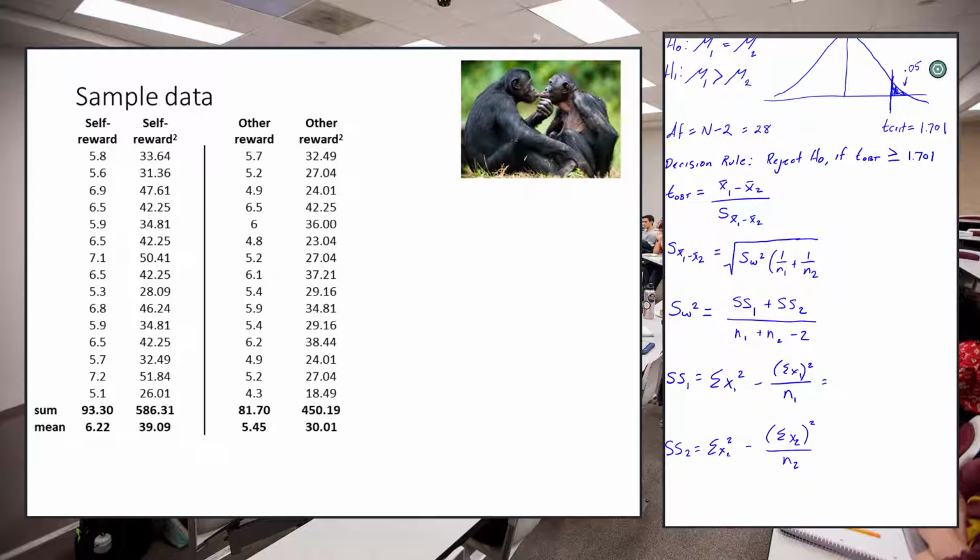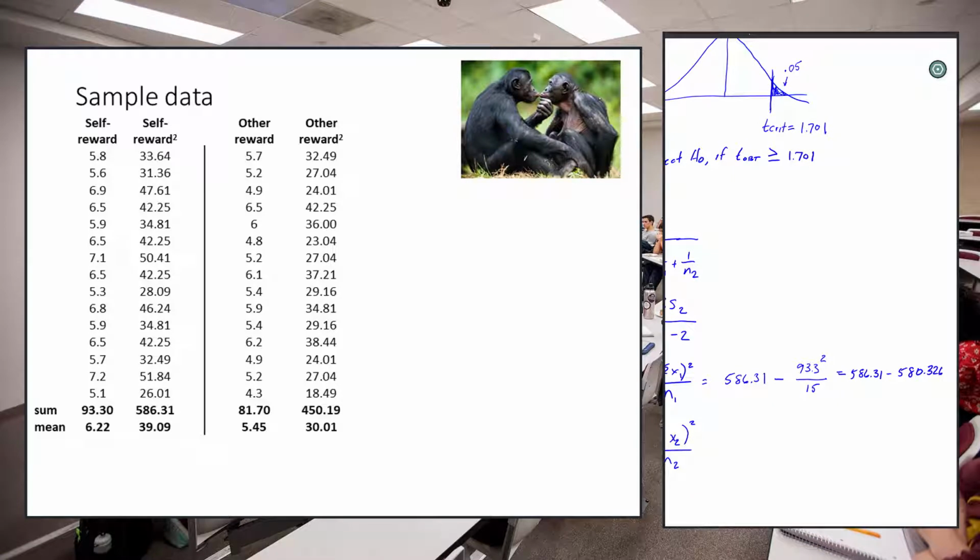So we have the sum of x squared, which is going to be 586.31, minus the sum of x, which is 93.3, squared, divided by the sample size of that sample, which is 15.